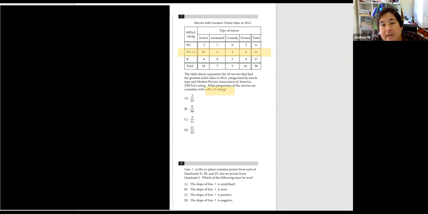Comedy. Comedies. So I'm going to just put a box around the column for comedies. Okay. So what proportion of the movies, how do you set up the proportion for comedies that are rated PG-13?